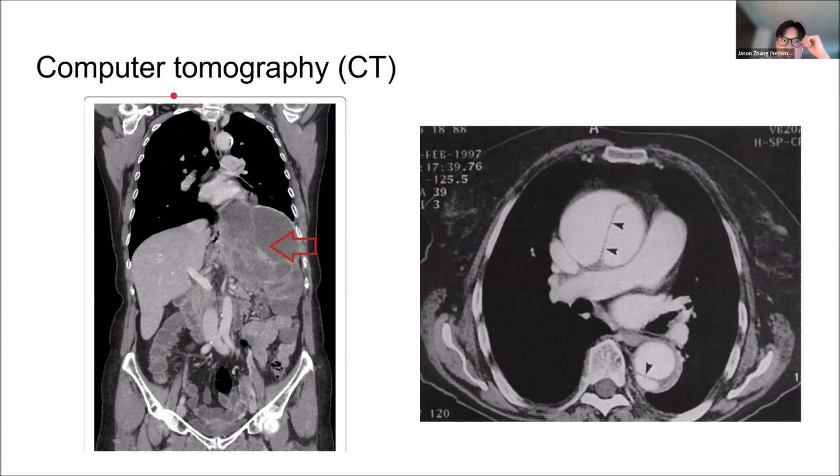How I think of it is, imagine the person standing in front of you face to face, so their right becomes your left and your left becomes their right. Same for an axial view: you're looking at their feet up towards their head, with the patient lying face up on the table. So this is patient right, and this is patient left.